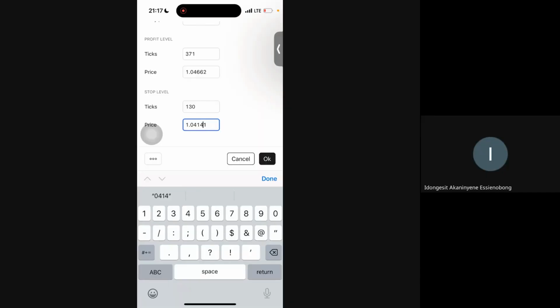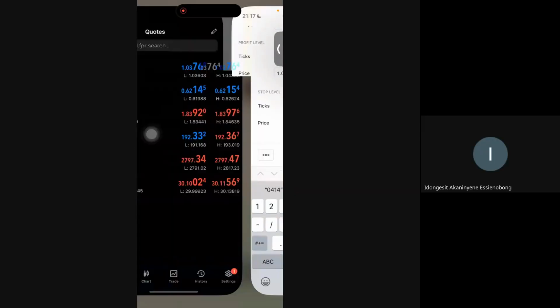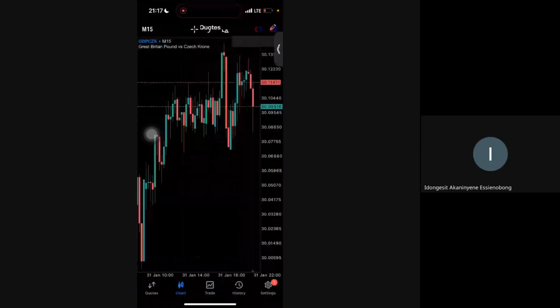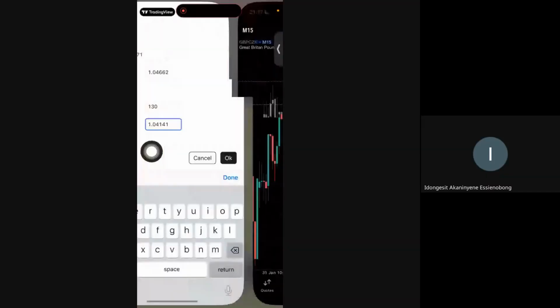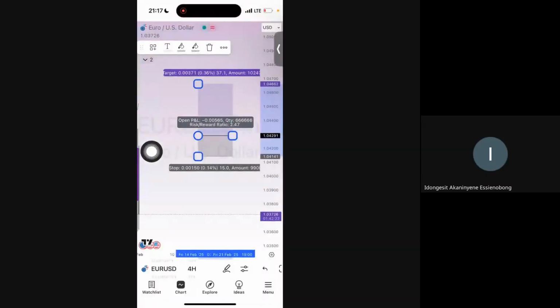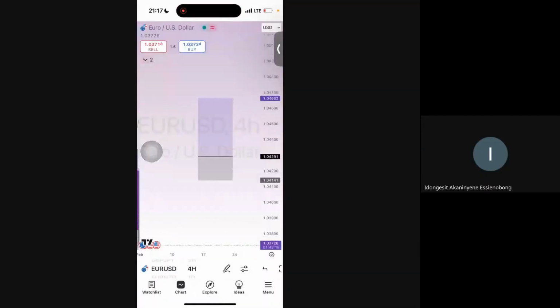If the green one gets there first, it's not going to trigger until the red one gets there. So that's the take profit. We just minus it from the stop loss so that it increases a bit. Now we have an edge over the spread.